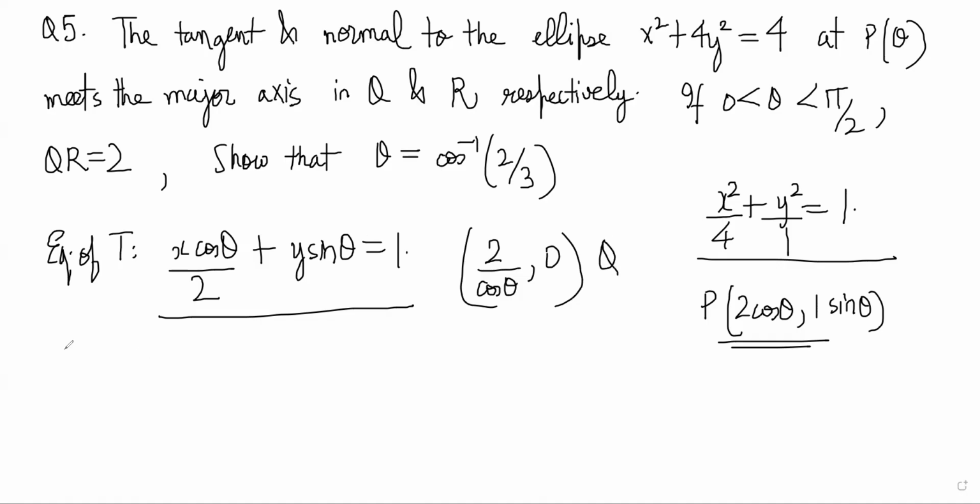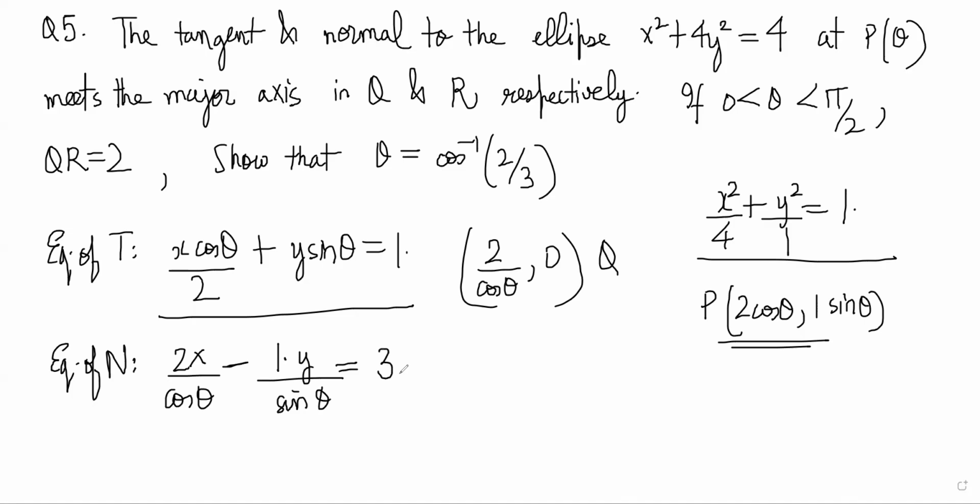Similarly, equation of normal would be what? Equation of normal at this point would be ax by cos theta, so 2x by cos theta minus by, so 1 into y by sine theta is equal to a square minus b square, which will be 4 minus 1, 3.